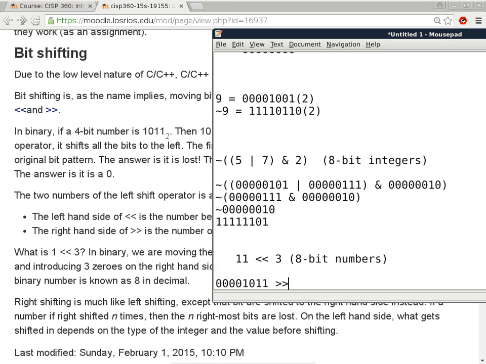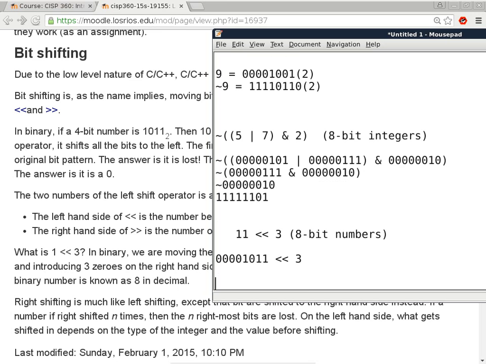And we want to shift everything to the left-hand side by 3 positions. So what we'll end up doing is these 3 most significant bits will be shifted out of the number and will be lost forever. Then the other 5 bits will become the most significant 5 bits of the result of the bit shifting, and we'll introduce 3 additional zeros on the right-hand side.